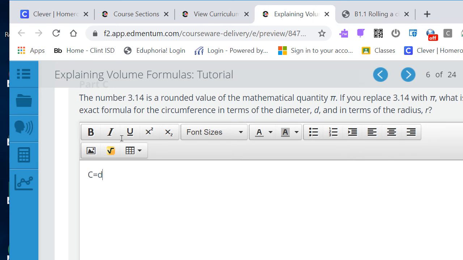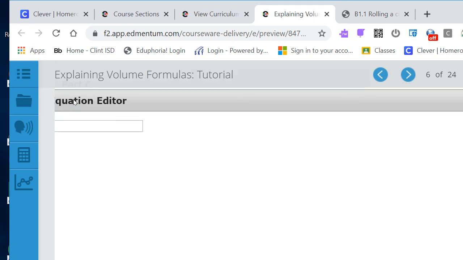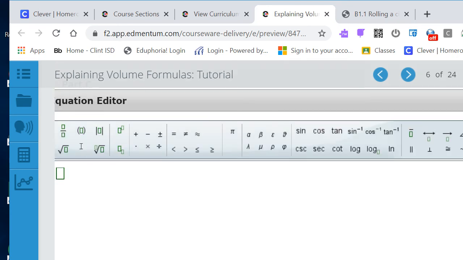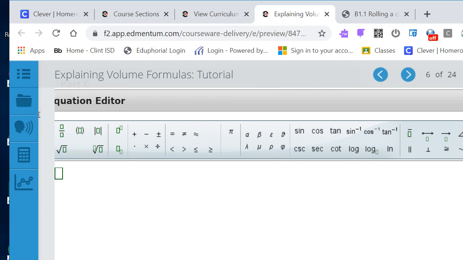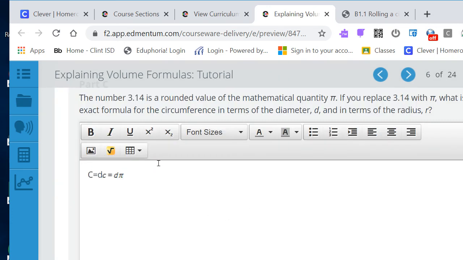I don't know how to get pi here. Let me see if I can do this one. Yay. So circumference equals diameter multiplied by pi. Okay? And I can just delete this. Okay?